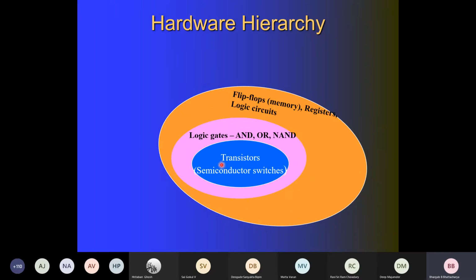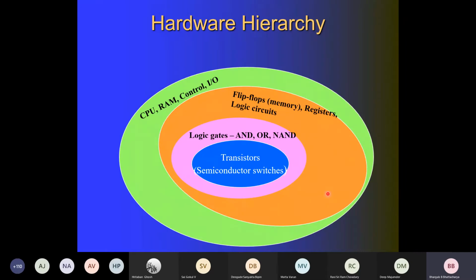That's why in the hardware you also have several layers of hierarchy. Once you have these flip-flops, registers, logic gates, and so on, you can build other complex circuits, for example a central processing unit, which comprises adders, multipliers, and the controller.